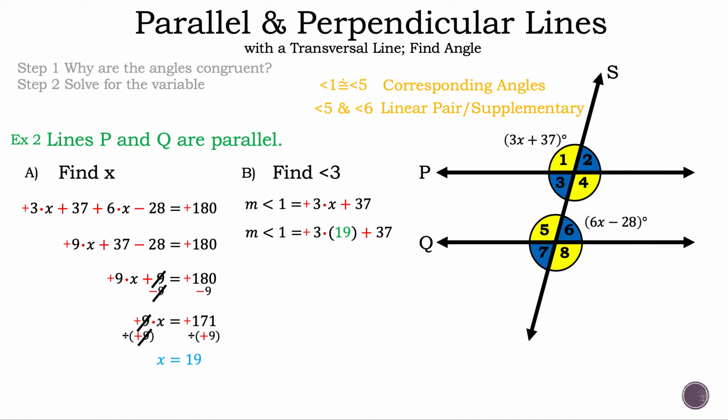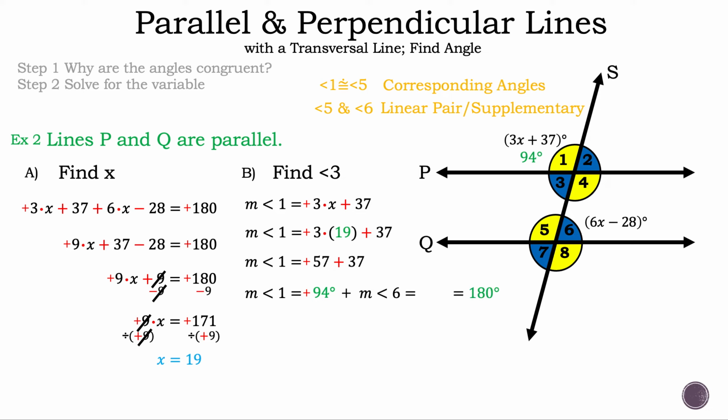Let's go ahead and simplify by multiplying positive 3 and 19, and the result is positive 57. Now we have the measure of angle 1 is equal to positive 57 plus 37, and the result of that is positive 94. And that is the measure of angle 1.